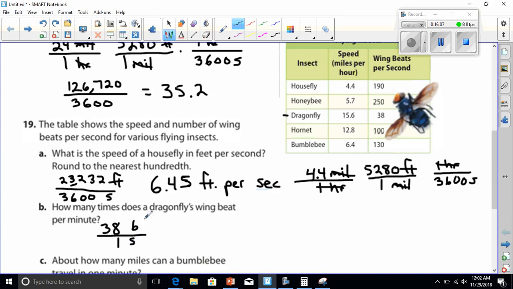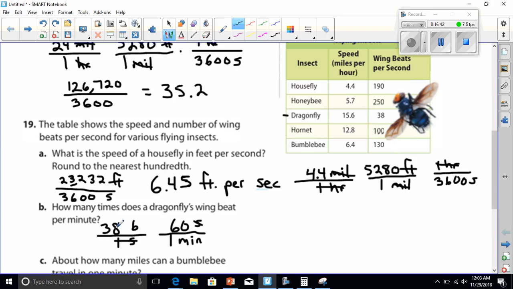All right, and they want to know how many times does a dragonfly's wing beat per minute. We know how many beats per second, but we've got to turn it into minutes. So I'm going to put my seconds up here, but how many are in 1 minute? Well, there are 60 seconds in a minute. And now we can go ahead and get rid of our seconds.